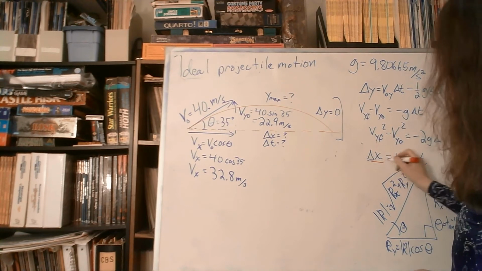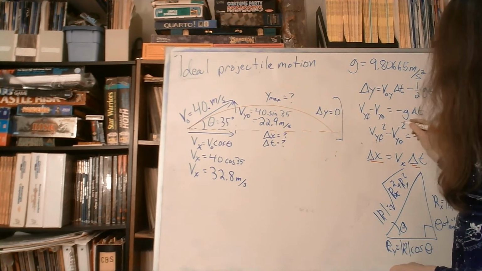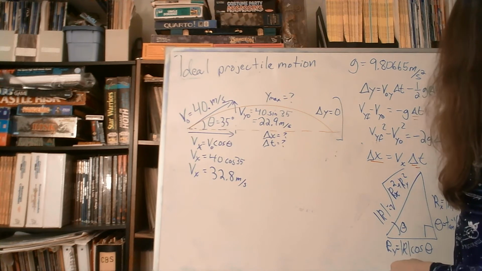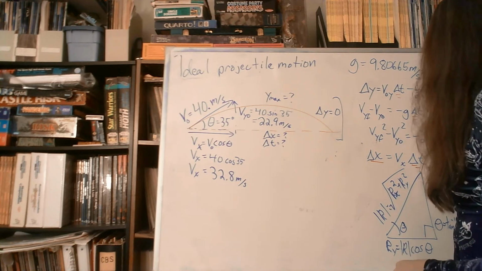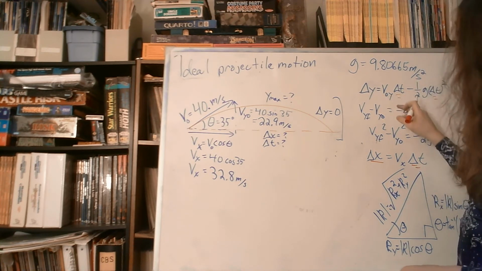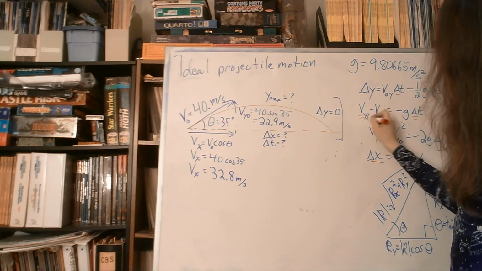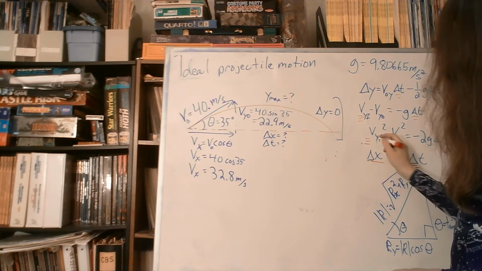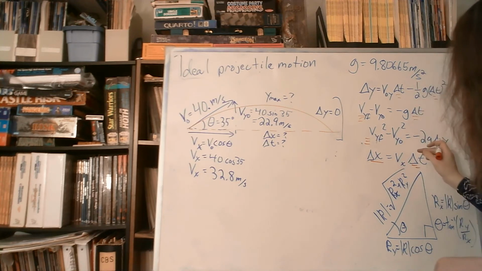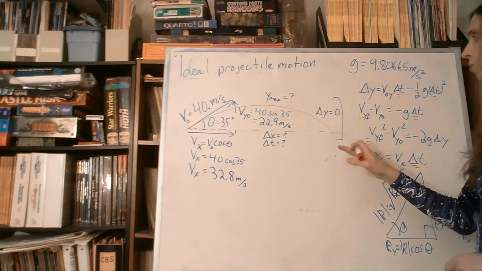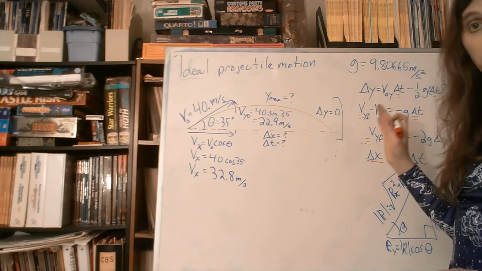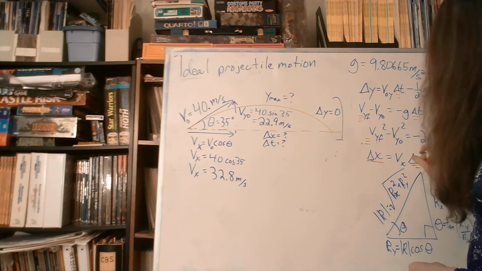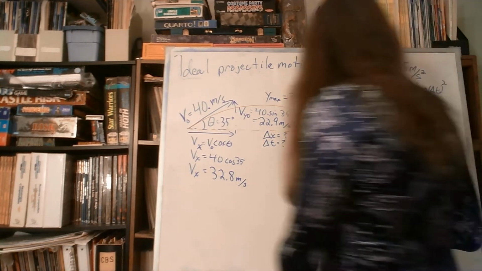So delta x we don't know, delta t we don't know. We know the original component of the y velocity. We do not know the final component of the y velocity. And for our overall flight, we do not know the change in height.